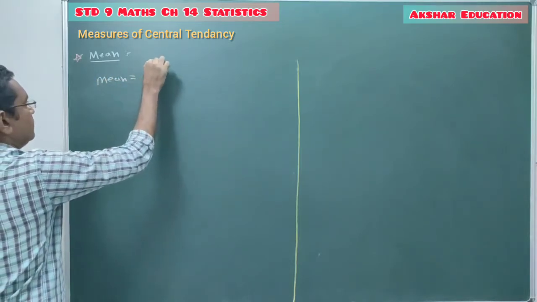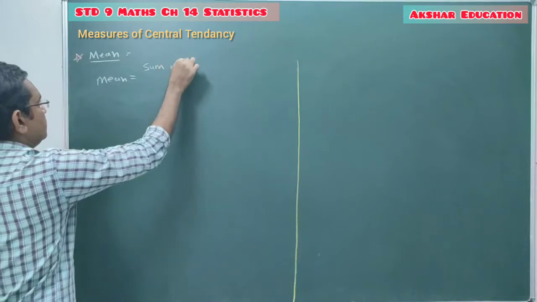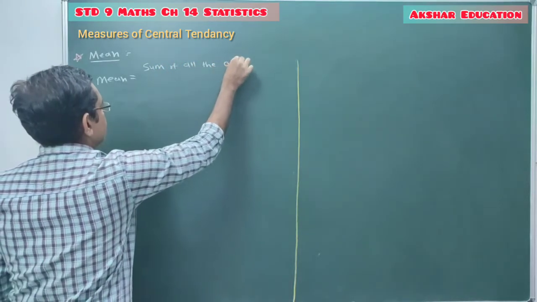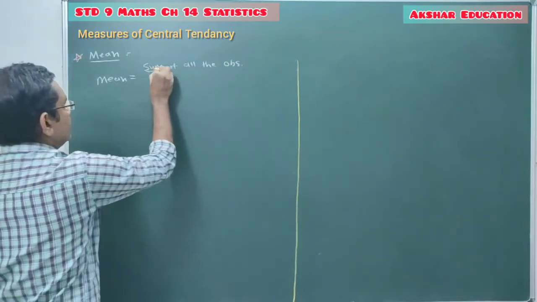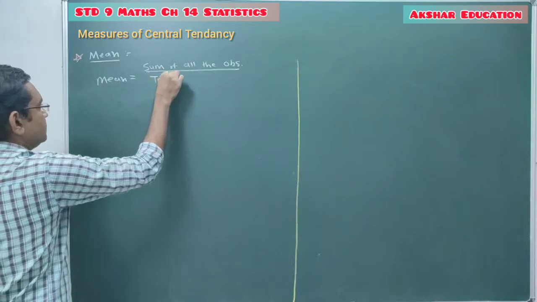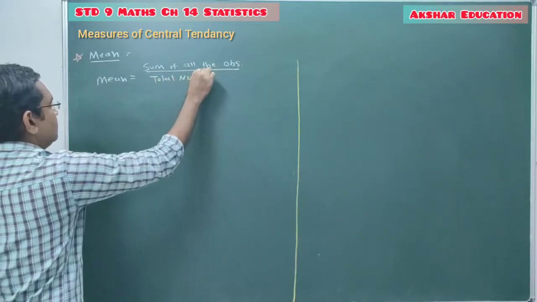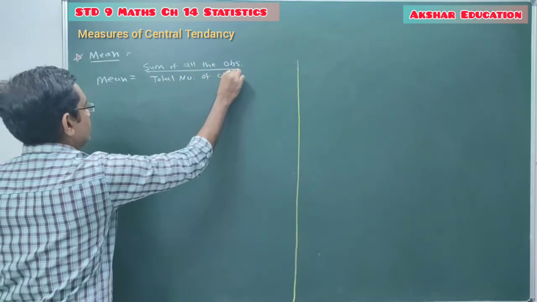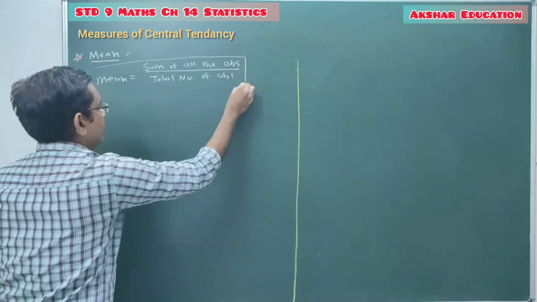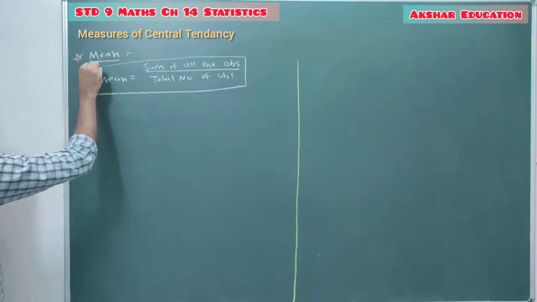It is the ratio of the sum of all the observations divided by the total number of observations. That is the formula to find the mean of any given data.